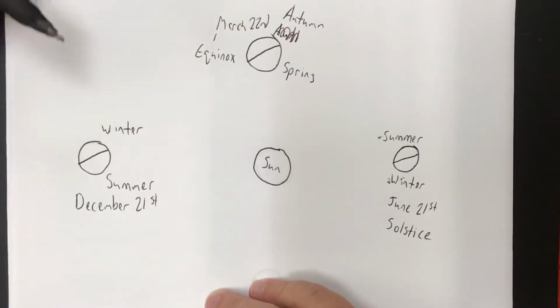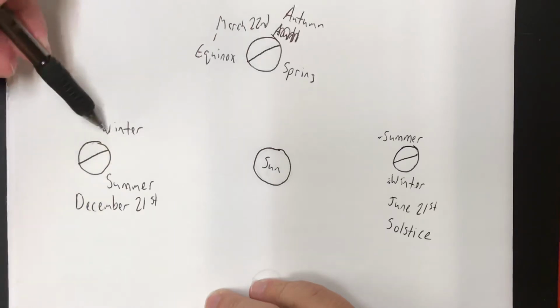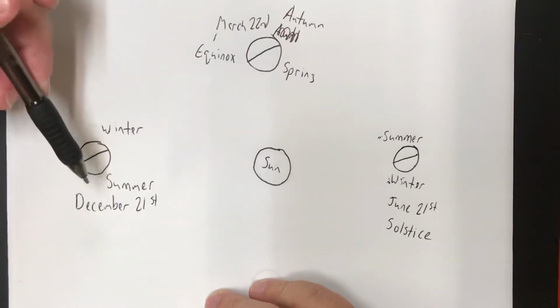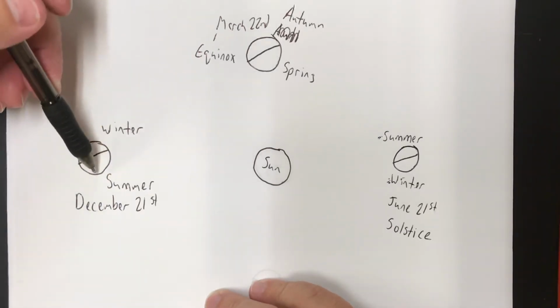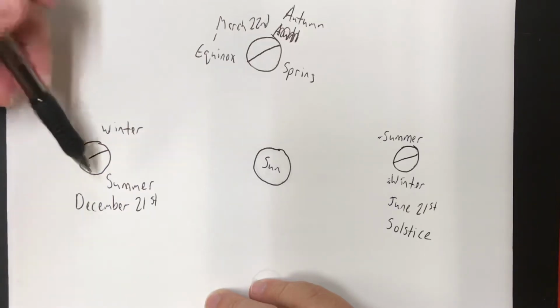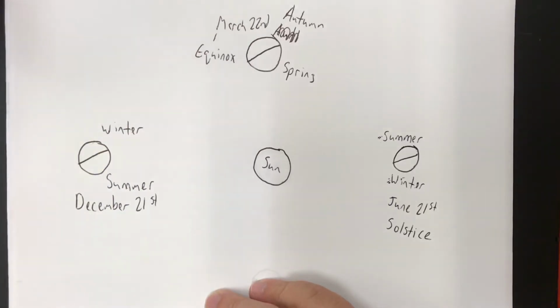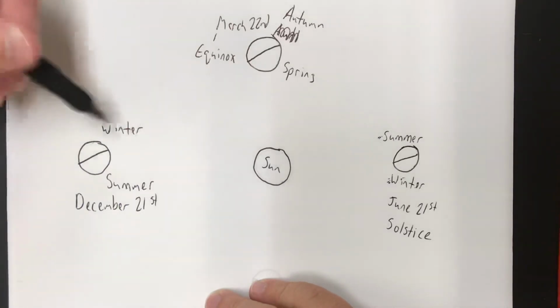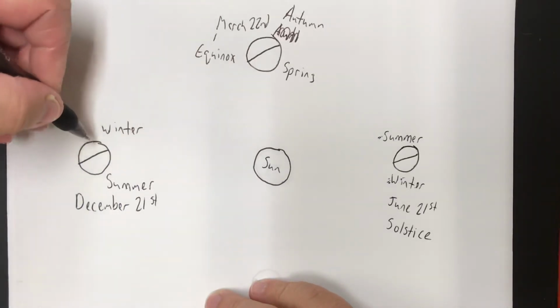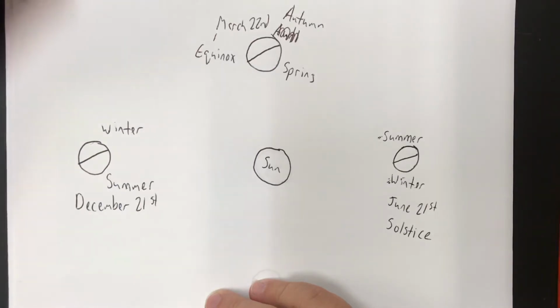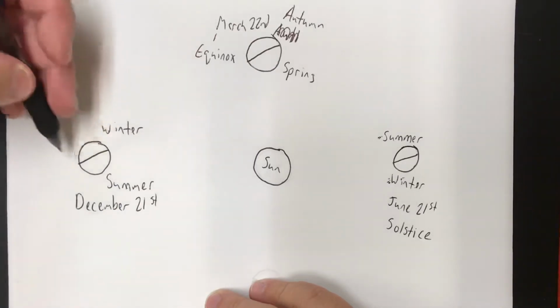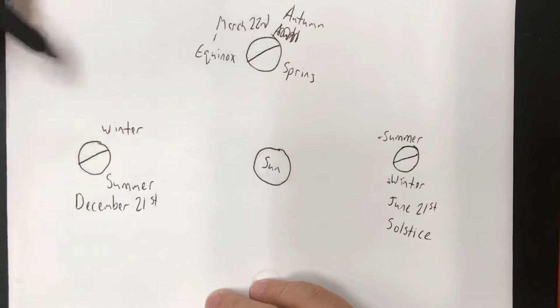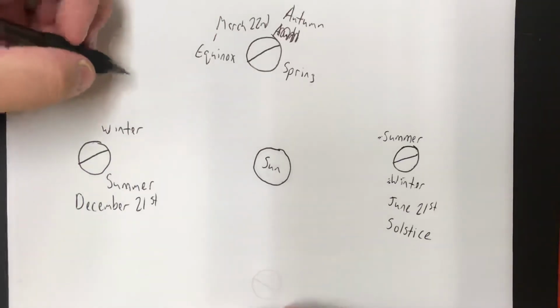My students have a hard time grasping that in our winter, in December, students in the southern hemisphere are on their summer break. And I know that thanks to the Simple Joys, a YouTube channel, friend of mine, who has talked about his kids being on summer break at this time. So kind of interesting to change our whole perspective on things.